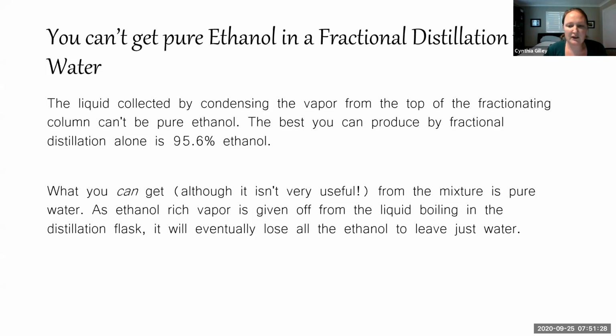Eventually all the ethanol will have distilled over, and left in the pot that's being heated, the distillation flask, is just pure water. So eventually pure water would distill and you would get a density of exactly 1. At that point, I always tell students it's time to stop your collection of fractions because you're only collecting water. The goal is not to distill water, it's to separate and figure out exactly how much ethanol was produced in the fermentation.